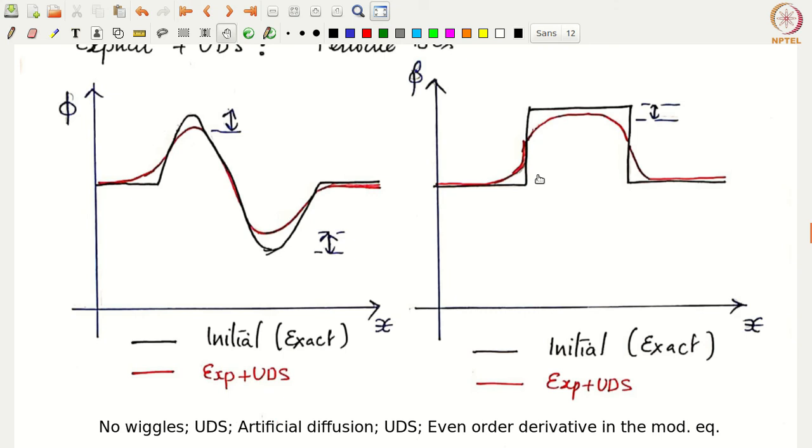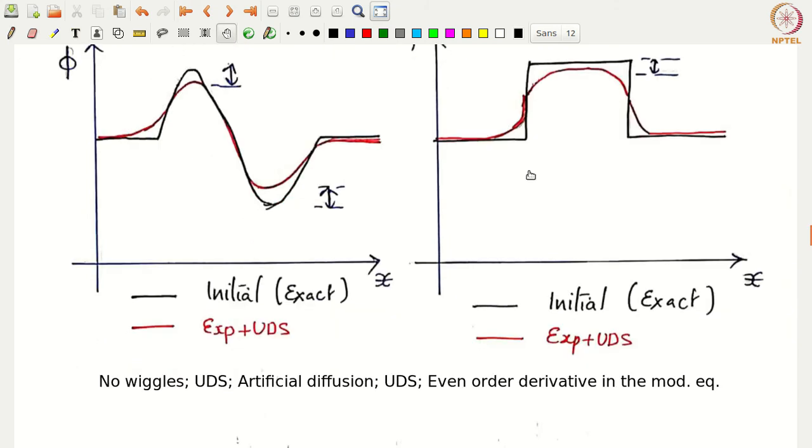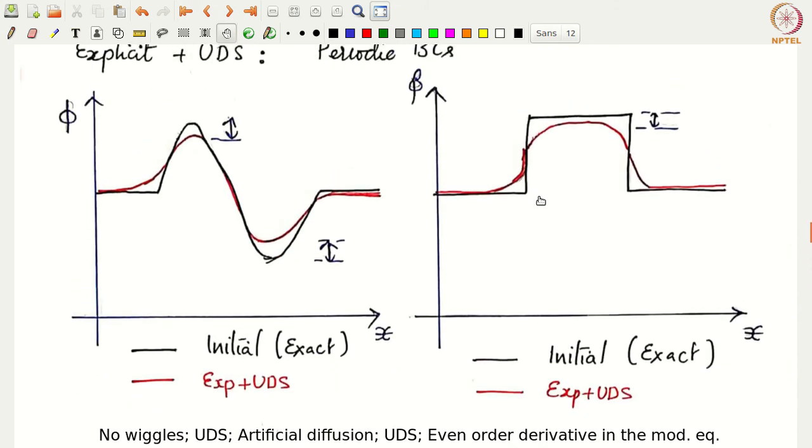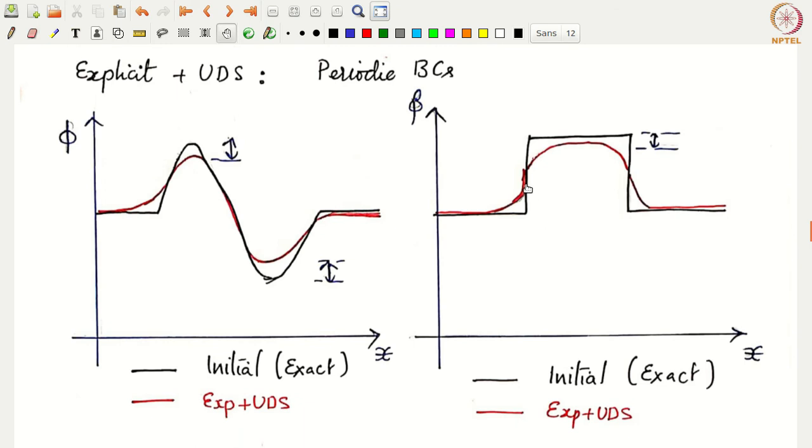Now if we solve again this initial profile that is shown in black with explicit and upwind difference scheme, what you see is a profile that does not have any wiggles, but it has a decrease in amplitude, right? You again see a diffusion like behavior, that is because of the even order derivative that is coming up in the modified equation.